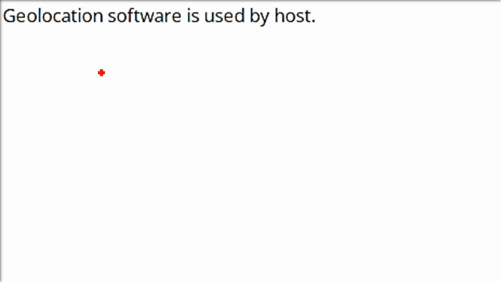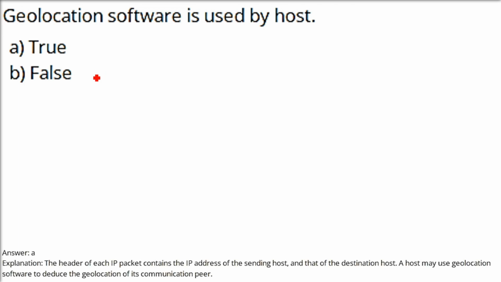Next, geolocation software is used by hosts. Now you'll ask why I am asking this question. This will never be asked, but it is very important. It is true. Why? All the Swiggies, all the Zomatos, all the Olas and Ubers. What happens here? The IP packet header will have the IP address of the destination host.